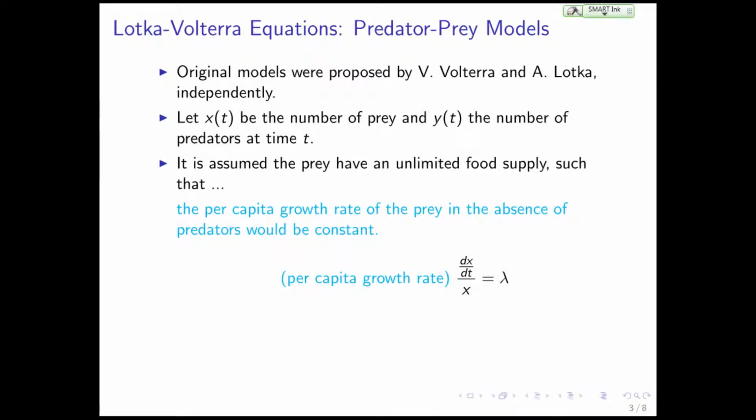In this case, we denote that constant with the letter lambda. We assume this constant is positive. So what we are saying is that the derivative of x, the rate of change of population size, equals lambda x, where lambda is positive.